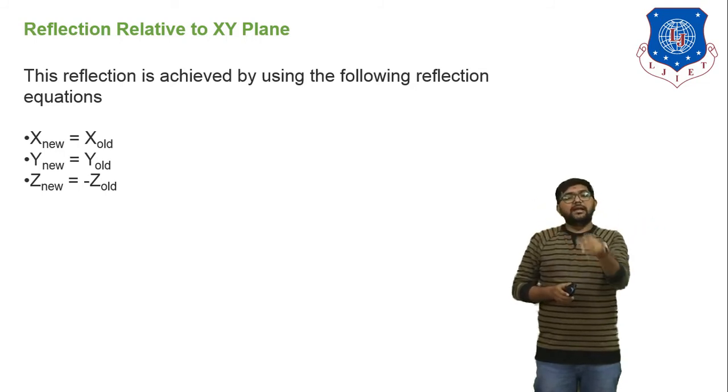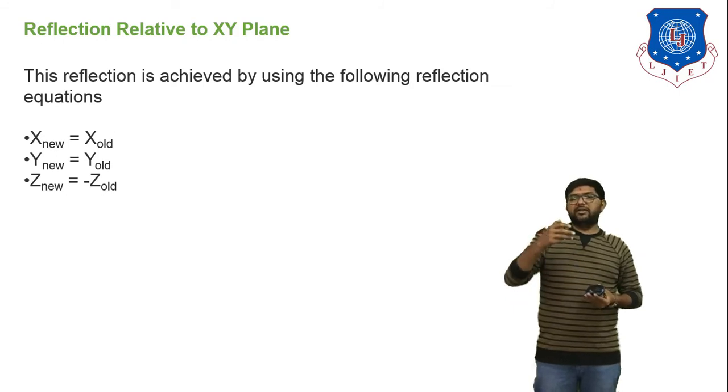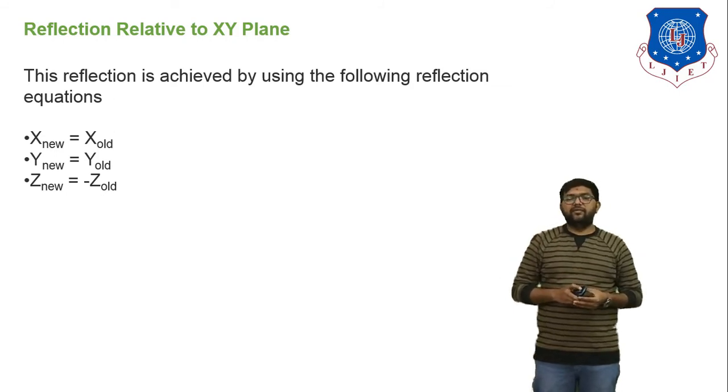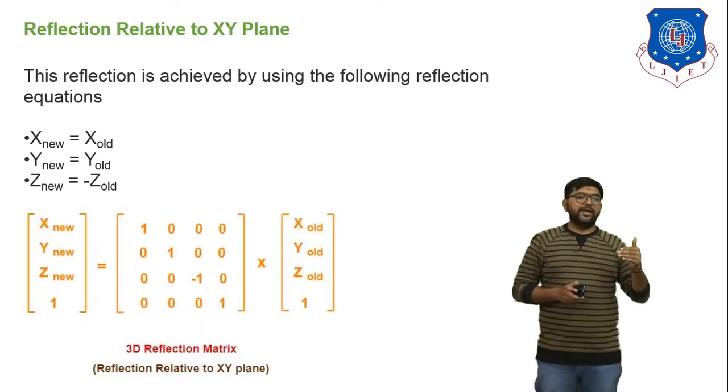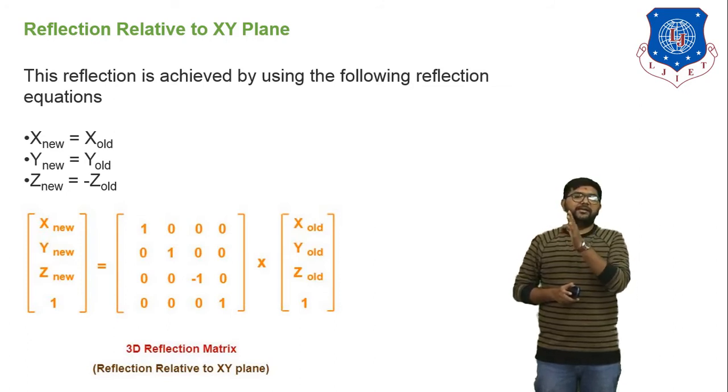Now we have to convert these three equations into one single matrix form like this: X new, Y new, Z new, and 1, equals the matrix 1 0 0 0, 0 1 0 0, 0 0 minus 1 0, 0 0 0 1, multiplied by X old, Y old, Z old, and 1.